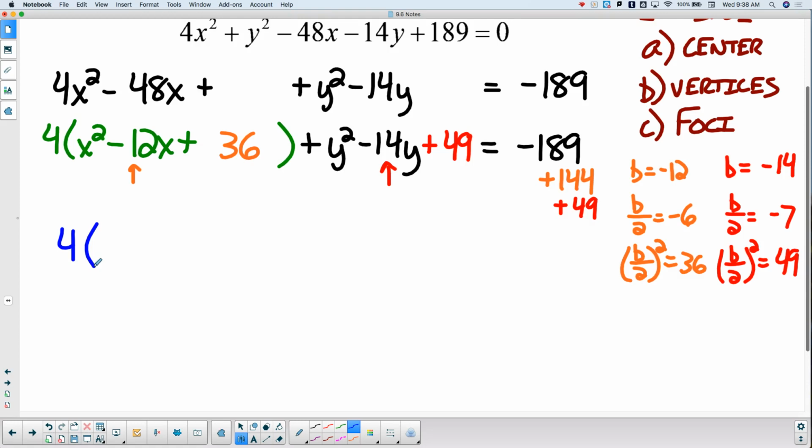What would be inside my parentheses? What would x squared minus 12x plus 36 factor to be? It's step number 5. X minus 6 quantity squared.